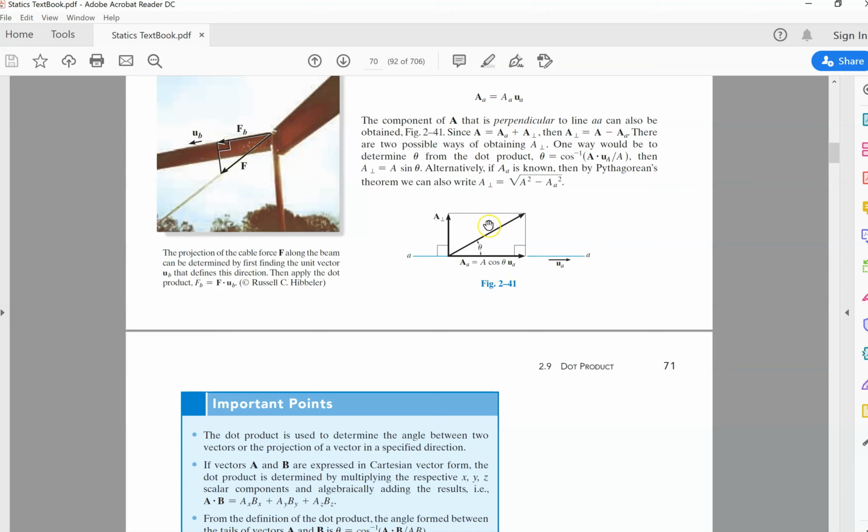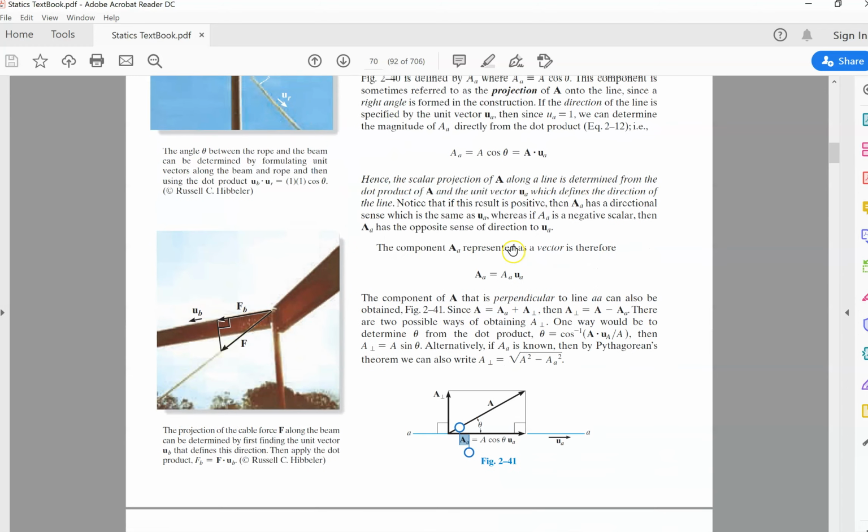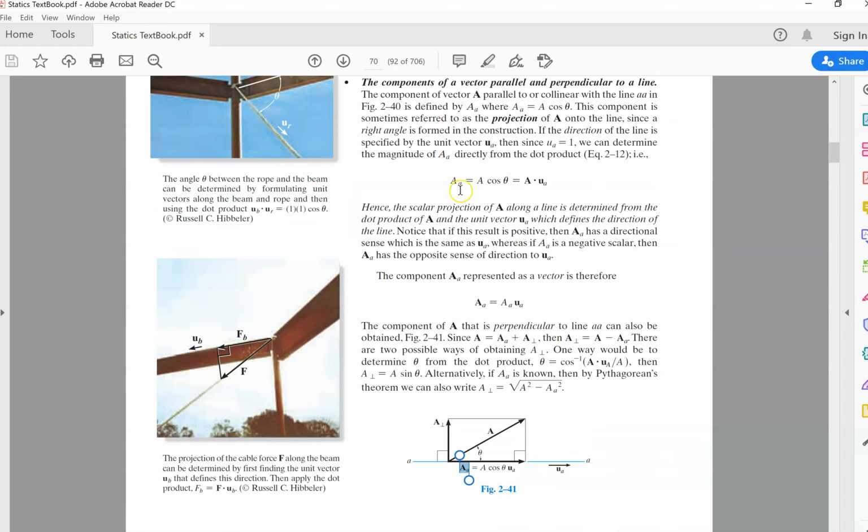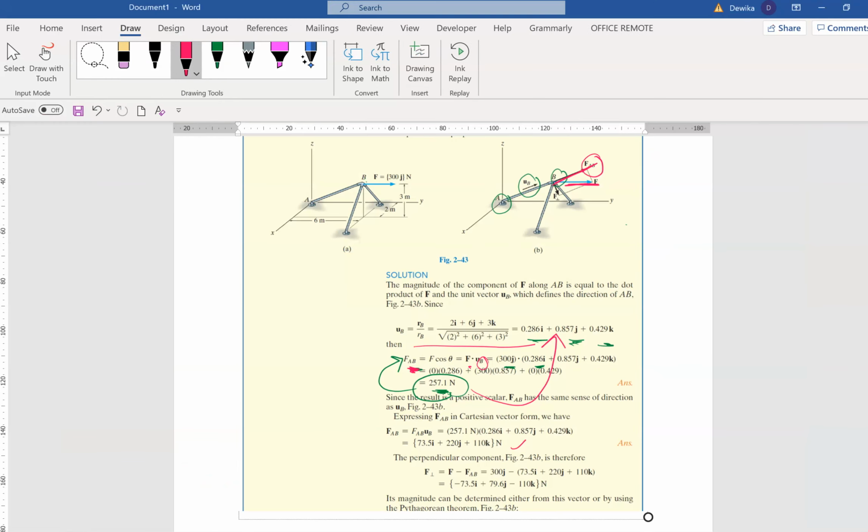A_parallel is A cos theta, unit vector of A. There's another one: your A parallel is actually your A, which is your resultant, dot with UA. So that is the similar thing that we are doing in the working here. Can you see that? It's just that the naming is different, F dot with UB.